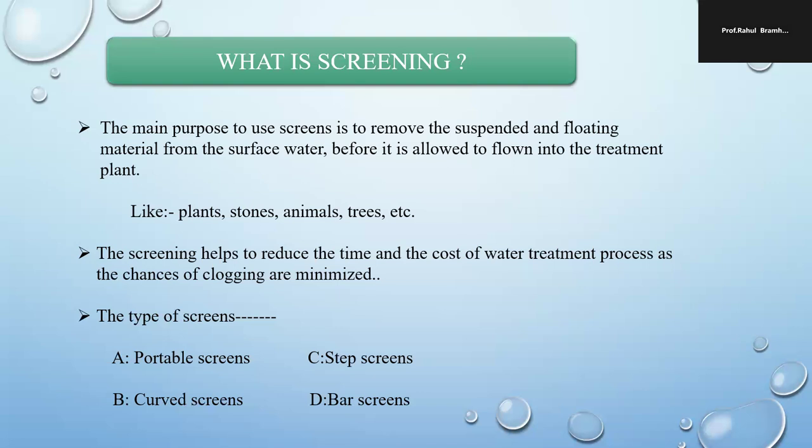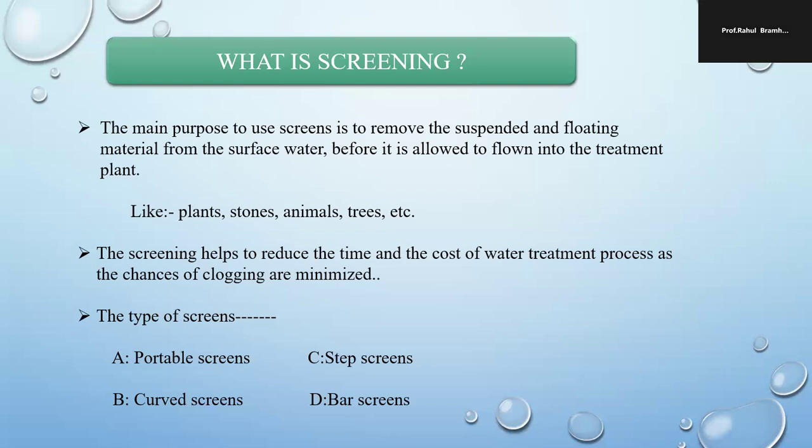The next important part is screening. Screening is the first step of the water treatment process. The main purpose of using a screen is to remove suspended and floating material from the surface water.